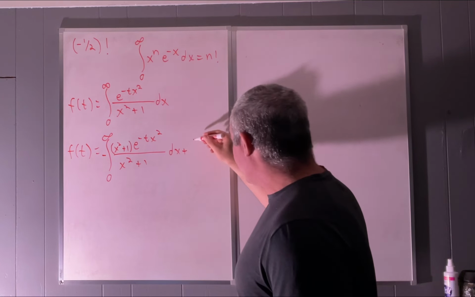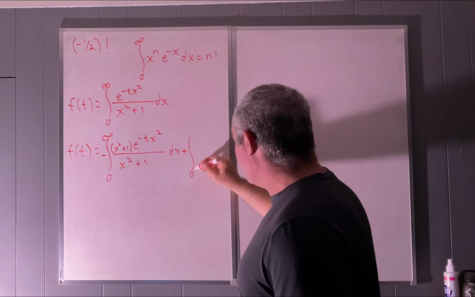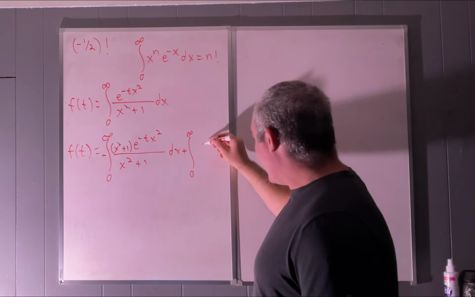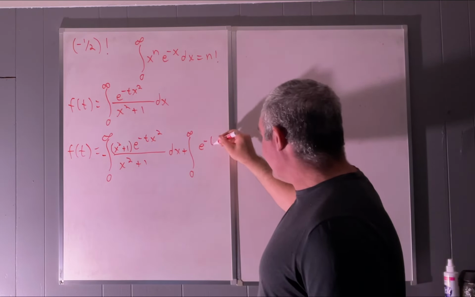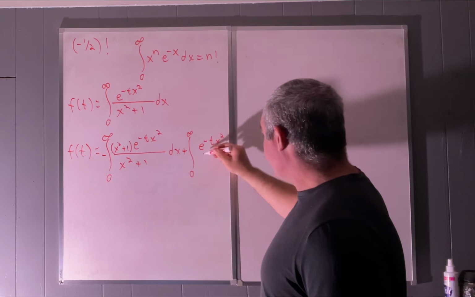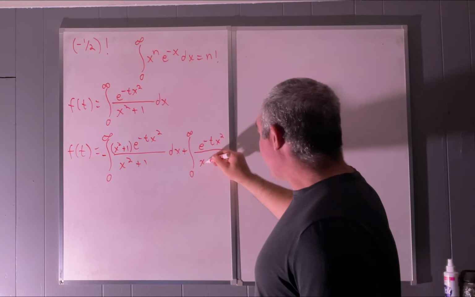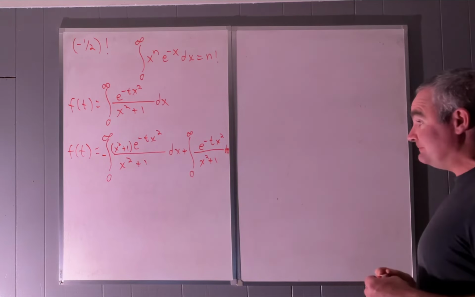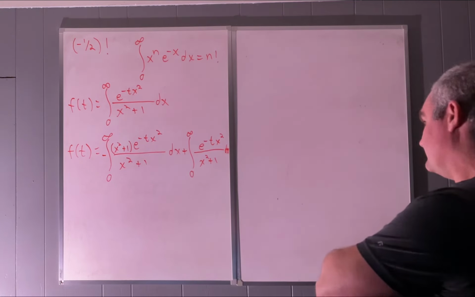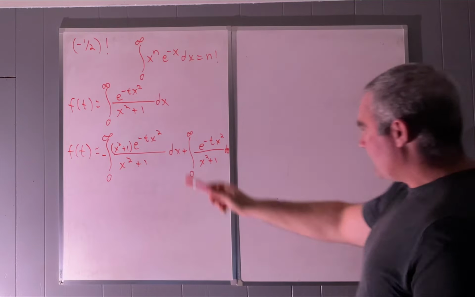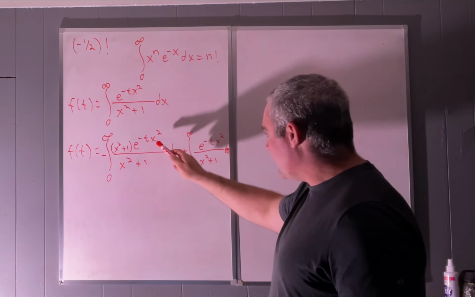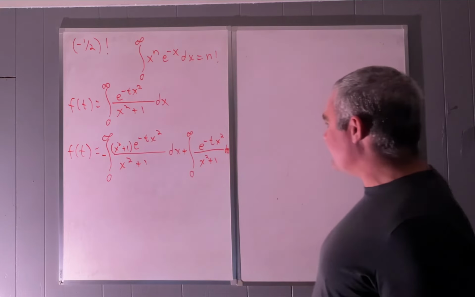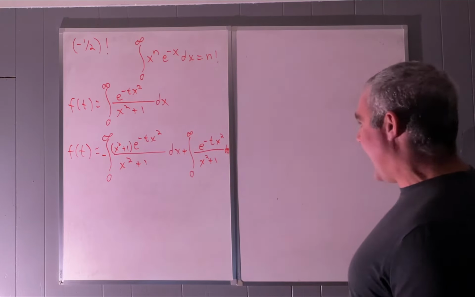So we need to add back another integral from 0 to infinity of e to the negative tx squared over x squared plus 1 dx. Right? Yep, we added the plus 1, that really subtracted e to the negative tx squared, so we have to add it back.